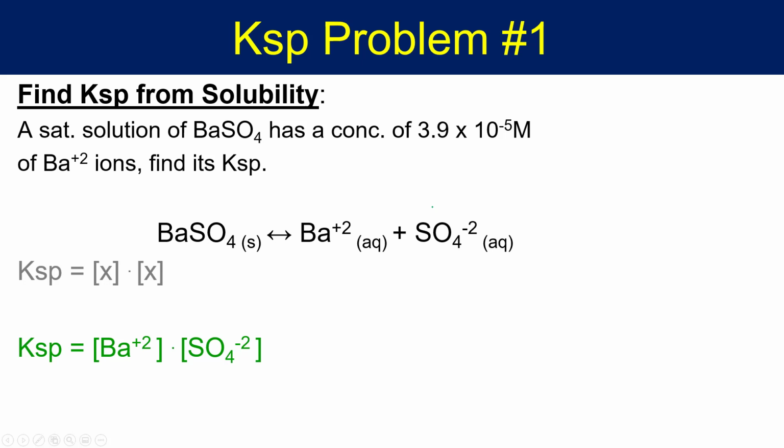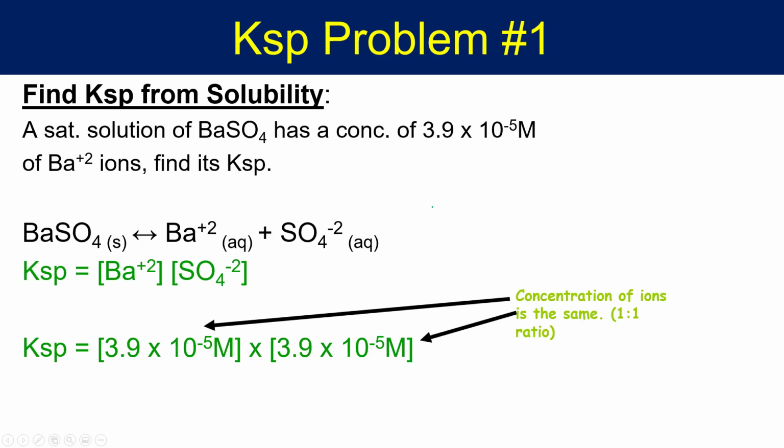So now we're just going to substitute in. Ksp is equal to 3.9 times 10 to the minus 5 times 3.9 times 10 to the minus 5, or squared, and I wind up getting a Ksp value of 1.5 times 10 to the minus 9. So really not that hard at all.